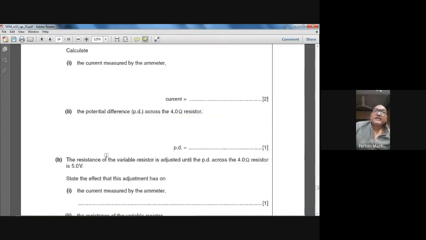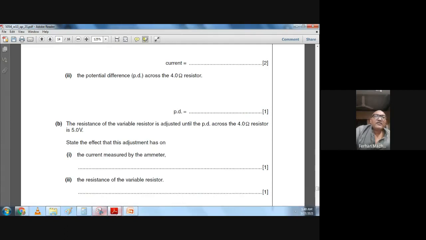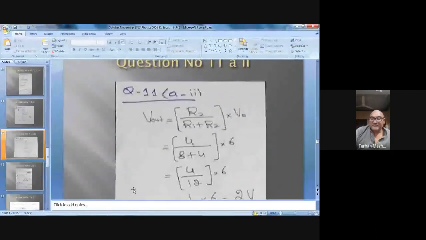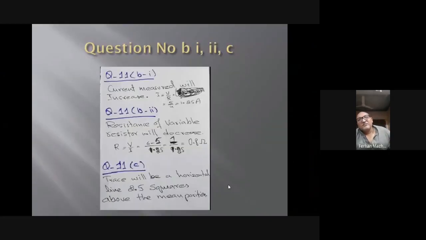That's what I think. And he says the resistance of the variable resistor needs to be decreased. Let me show you my answers. For the B first part, he says the current measured will increase, and I can show you.